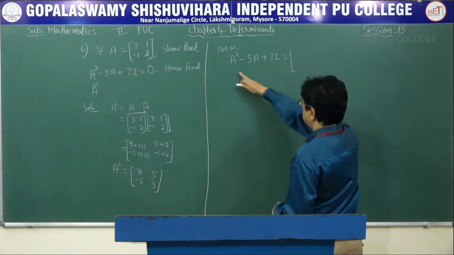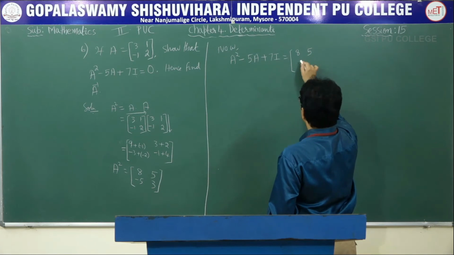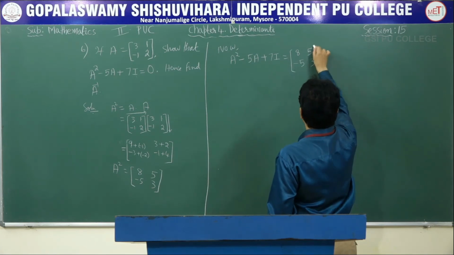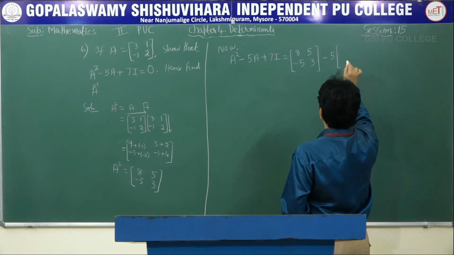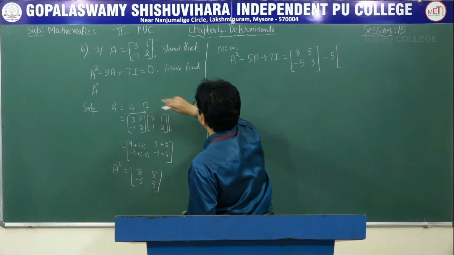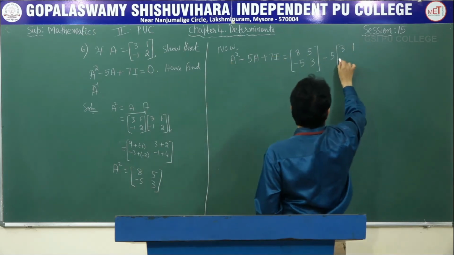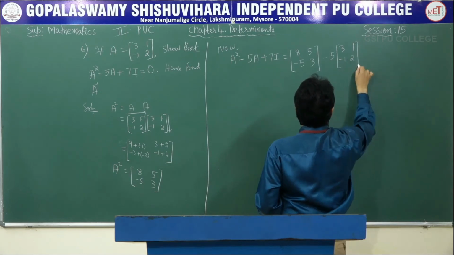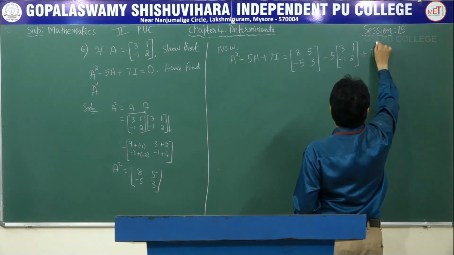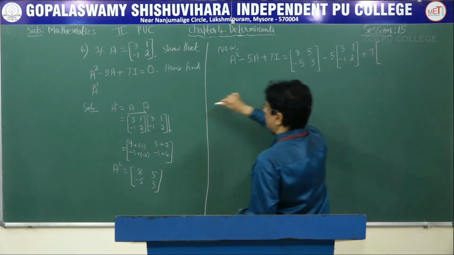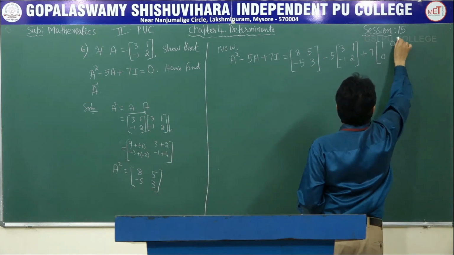So that will be equal to A square is 8, 5, minus 5, 3, minus 5 times A. So A matrix is 3, 1, minus 1, 2, plus 7 into I. I is the unit matrix.